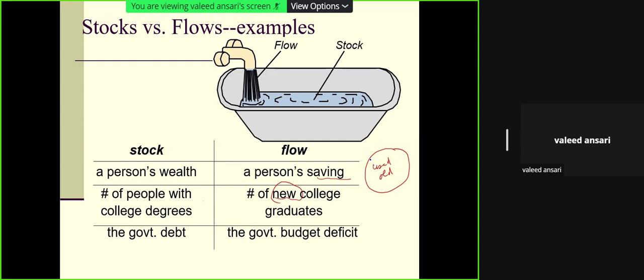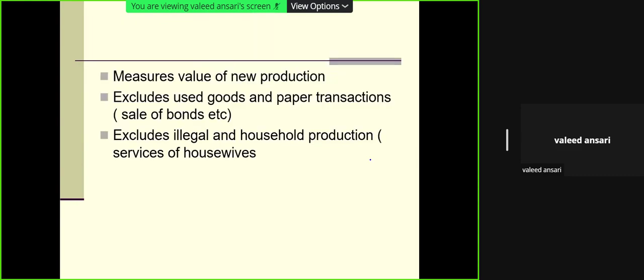However, for example, if you are selling a second-hand car, the agent who receives the commission or income out of selling it is counted, because that has been generated out of current economic activities. So it measures only the value of new production, and excludes all paper transactions. Like the sale of bonds, they are not included.